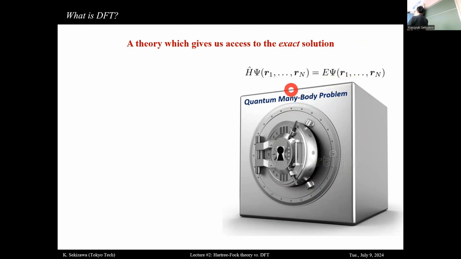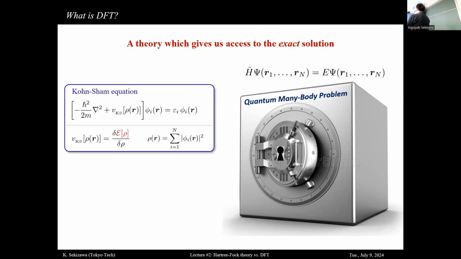But in practice, it is impossible because of too many degrees of freedom. In density functional theory, what we do is to solve the Kohn-Sham equation written here. It is quite similar to the Hartree-Fock equation, but the difference is that it is written as local in space, right? So it is much simpler than the Hartree-Fock equation, which was an integral differential equation.